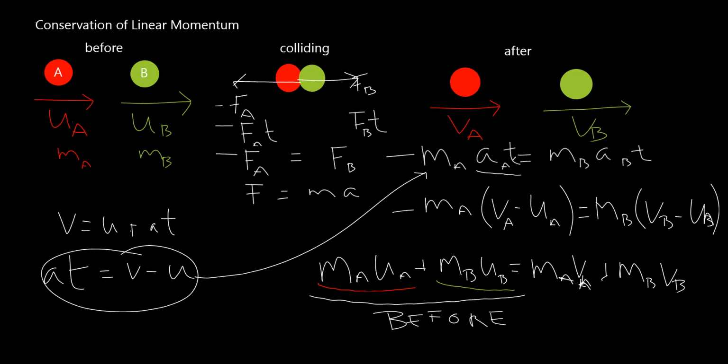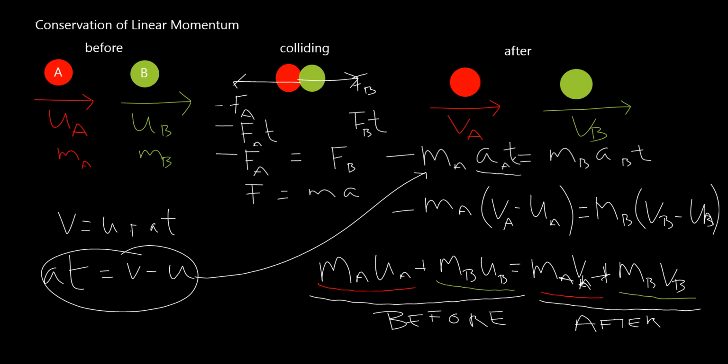And on the right hand side of the equal sign, ma va is the momentum of A after the collision, and mb vb is the momentum of B after the collision. So the right hand side is the total momentum after the collision. So you can see that the momentum of the whole system before the collision is the same as the momentum of the whole system after the collision. I'm saying the whole system being just these two balls.